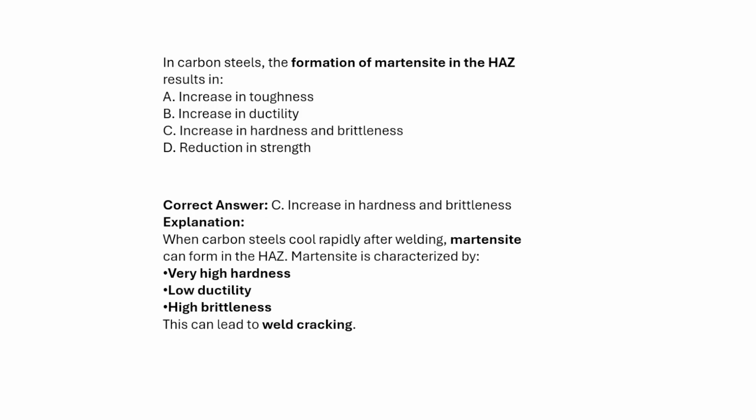Next: in carbon steel, the formation of martensite in the HAZ results in what? Generally, martensite forms because of rapid cooling. In the HAZ, the pearlitic phase reaches above the recrystallization temperature, that is, the gamma phase region.